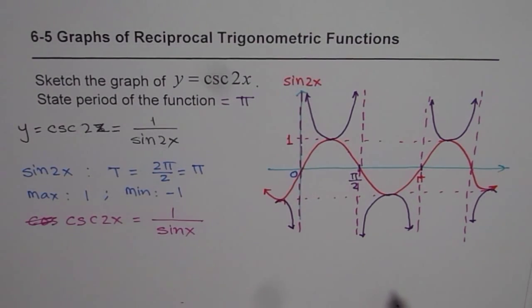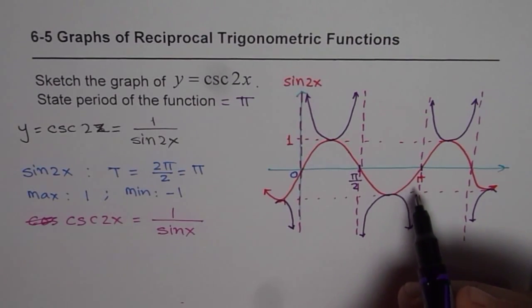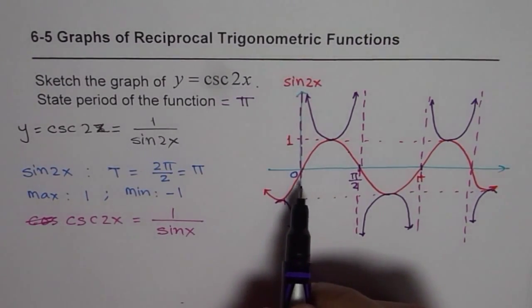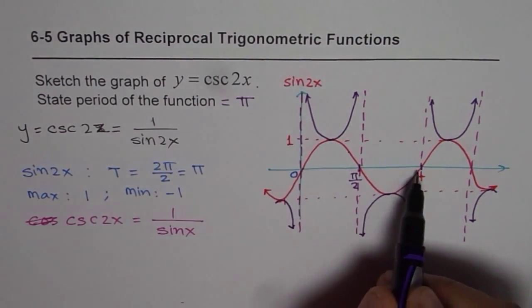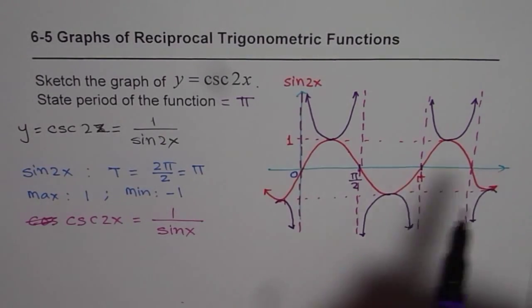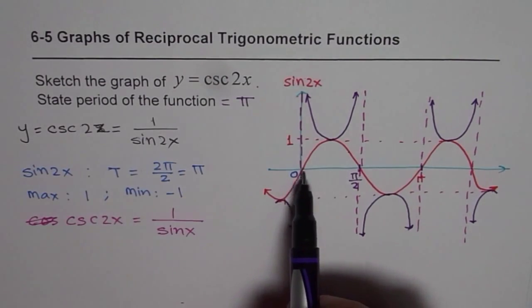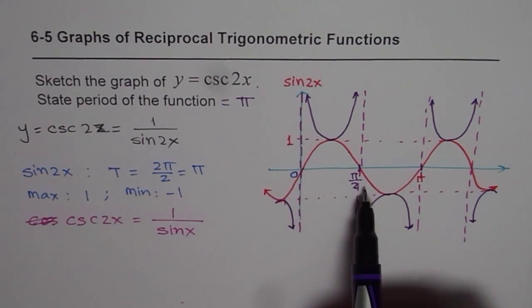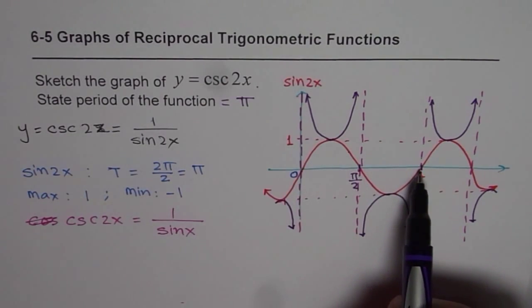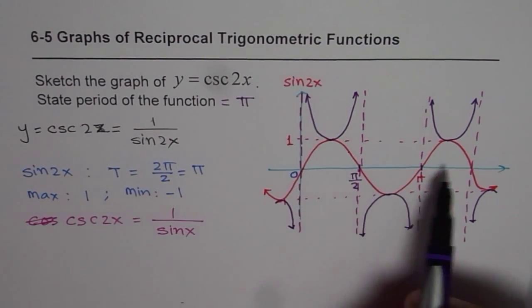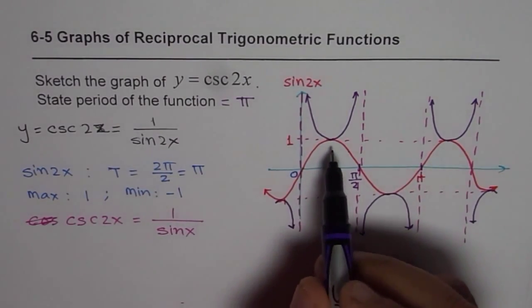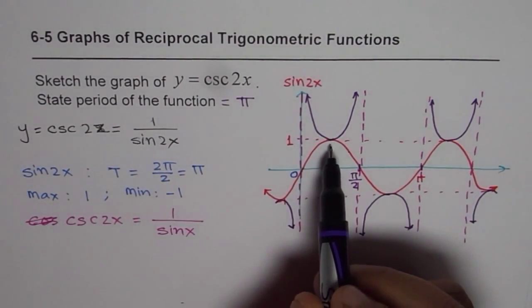There are other properties which you should also make note of. At multiples of pi by 2 we have vertical asymptotes for cosecant 2x. It is positive between 0 and pi by 2, negative between pi by 2 and pi. You could write them in general terms. There are a local maximum and a local minimum.